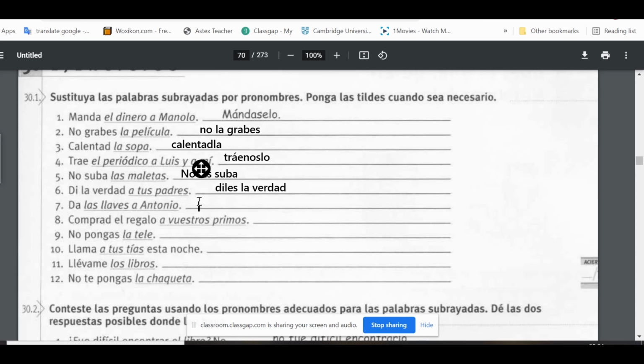Da las llaves a Antonio. So that will be dale, actually it will be dáselas, because le and las can't be next to each other.